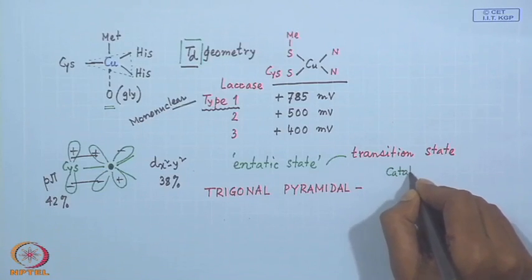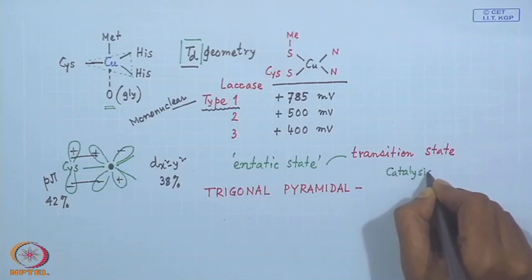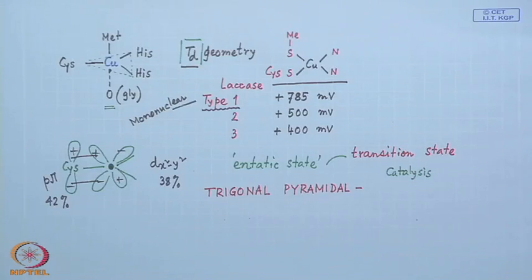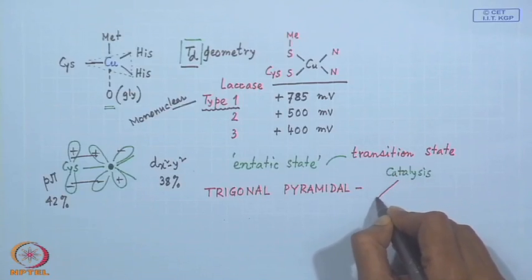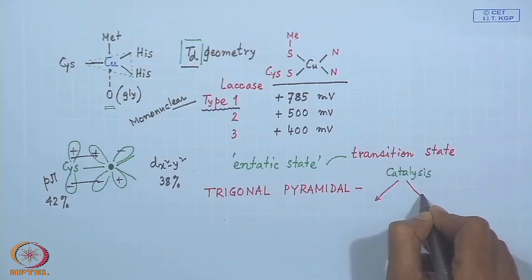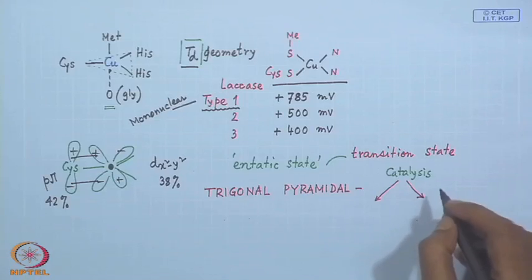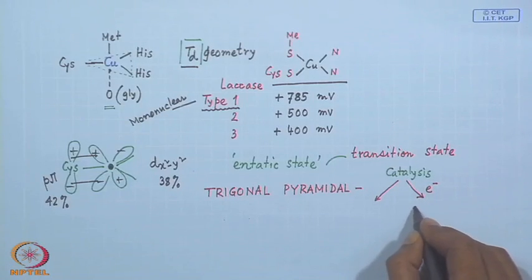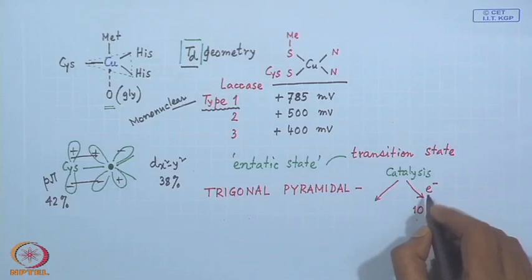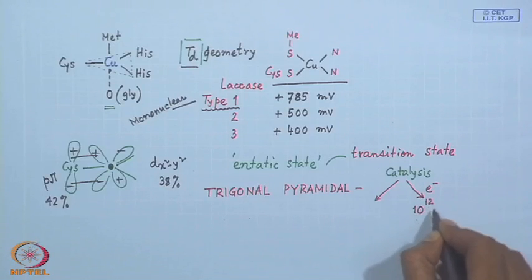So, during catalysis two things are happening: electron transfer is taking place, and we know from the Franck-Condon principle that electron transfer is pretty fast, in the range of 10 to the power 12 second inverse.